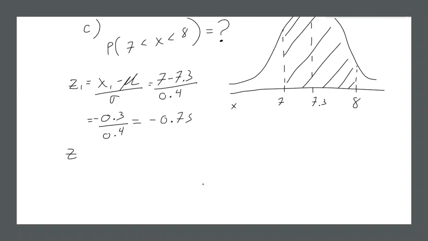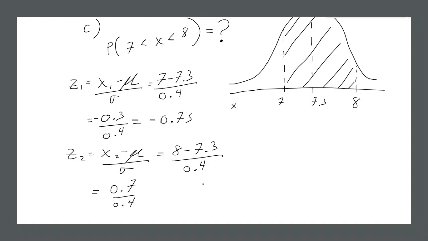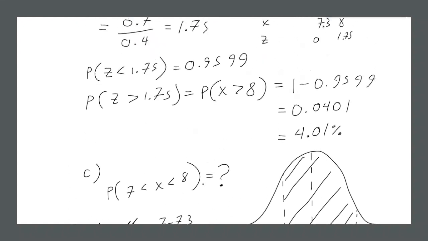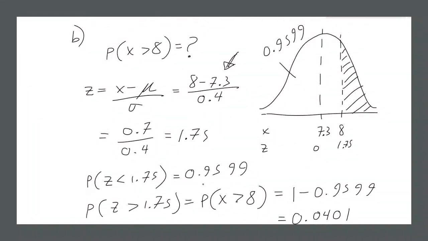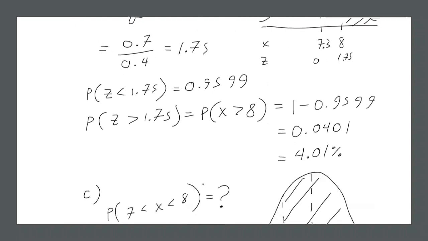Then we have Z2, which is X2 minus mu divided by sigma, which is 8 minus 7.3 divided by 0.4. That gave us 0.7 divided by 0.4, and we actually calculated this in part B above, and that was 1.75.